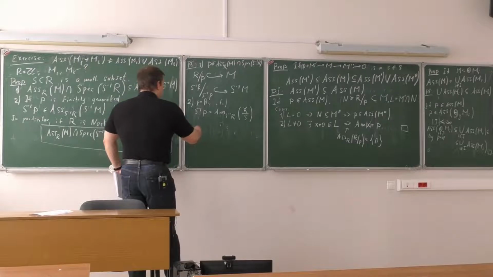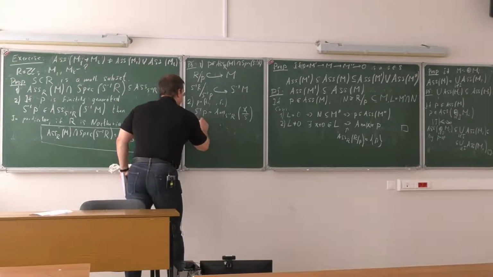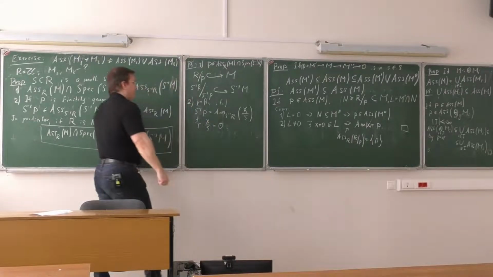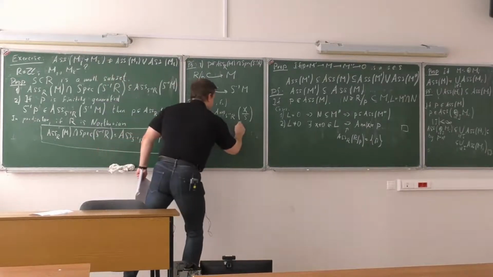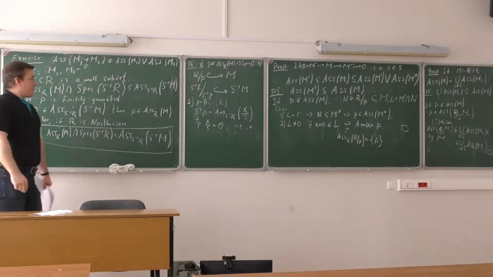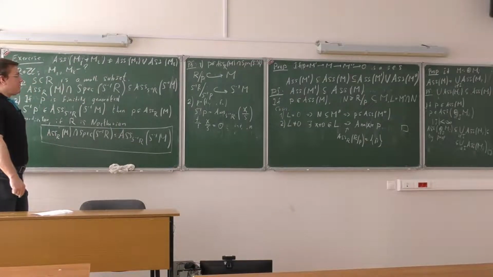So then I can say that if I multiply Fi over 1 by X over S, then I'll get 0 for any i. So this localization of the prime ideal is the annihilator if and only if every generator acts as multiplication by 0.